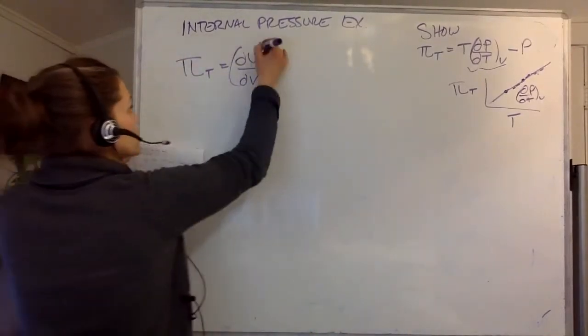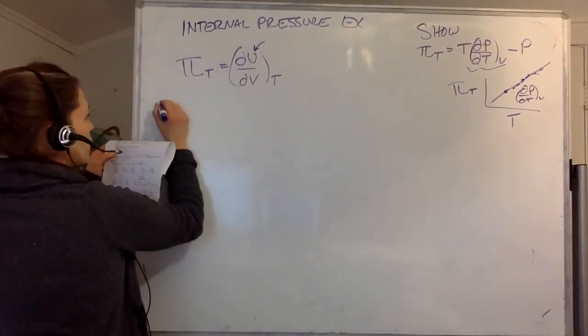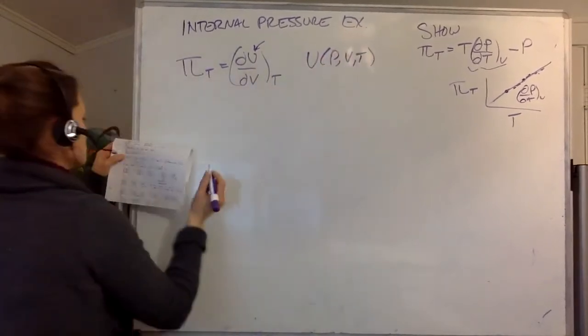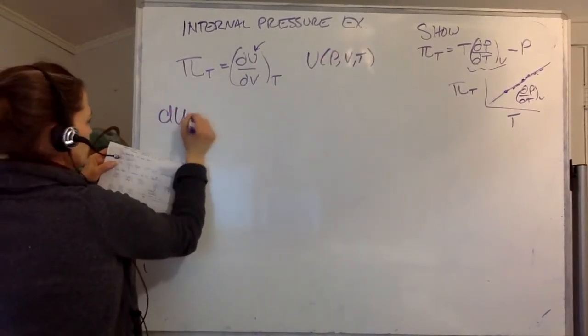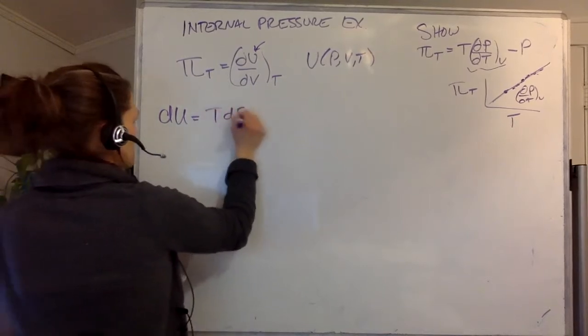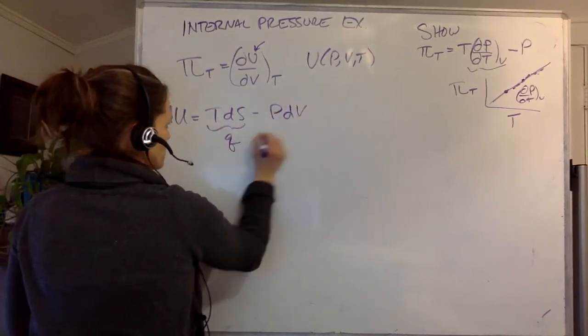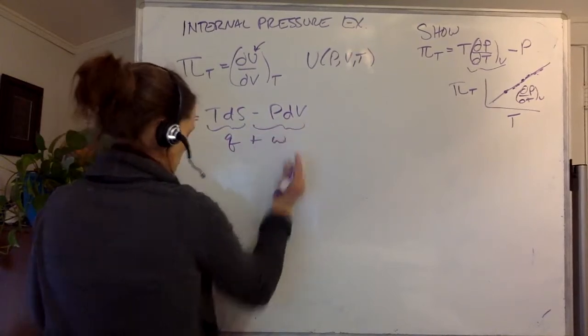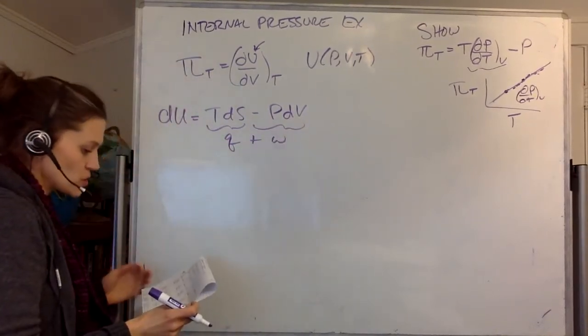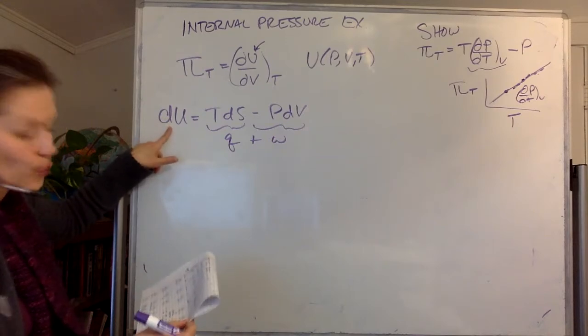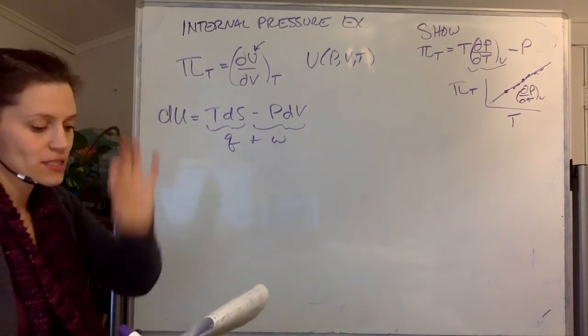So we start with U. So U is a function of pressure, volume, and temperature. And so we know that dU is equal to TdS minus P dV. There's my Q, there's my W, and so this is from the first law. And so now the question becomes, how does U change when I change the pressure at constant temperature?